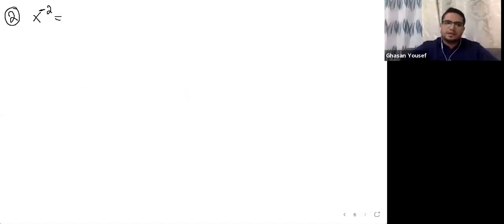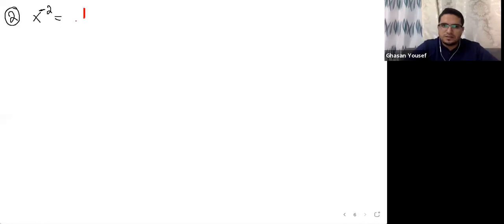So here, x to the power -2. What is that equal? 1 over x to the power of 2. Exactly. So this is equal to 1 over x squared. Why? Because when I see a negative exponent, this means we have to put it in the denominator, or we have to flip this one.